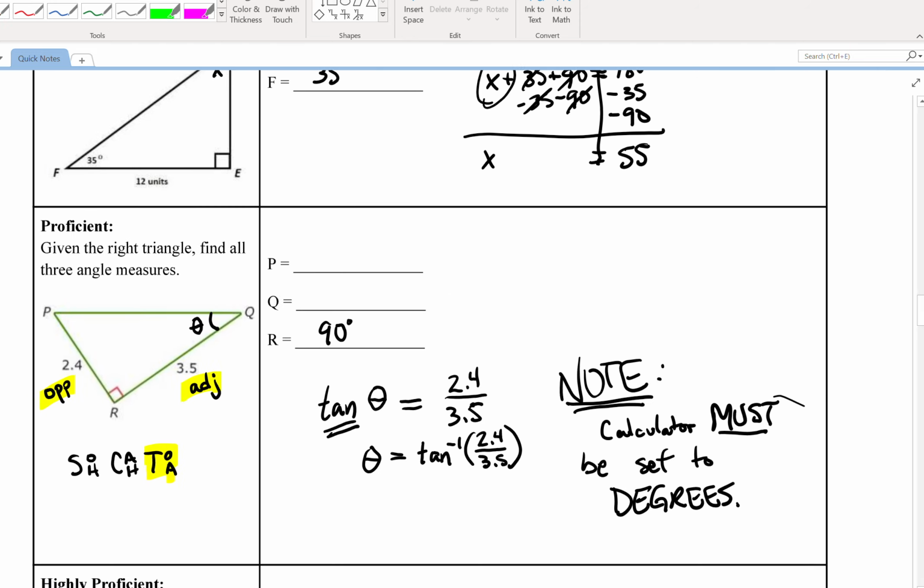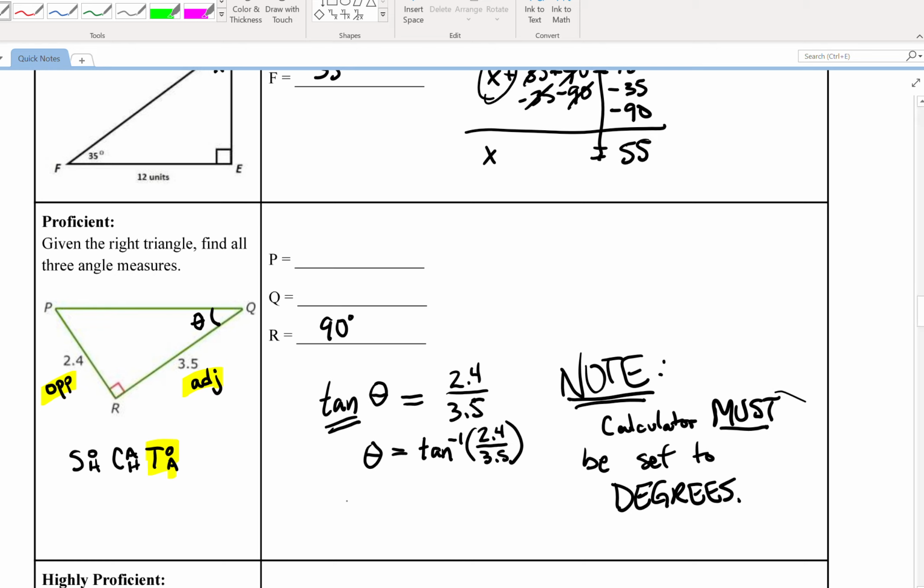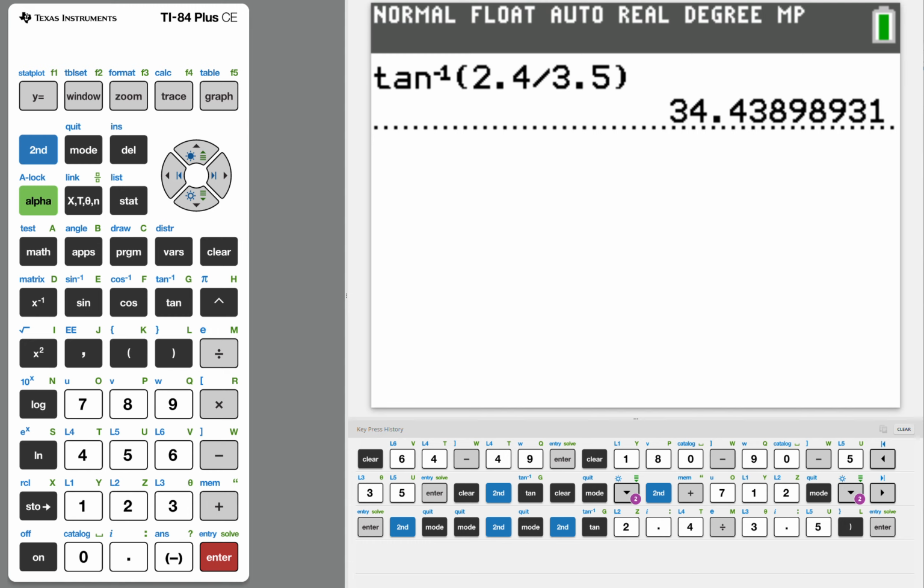So remember that this is theta. It is approximately equal to, in the hundredths place, I got 34.43, but the 8 next to it is going to round it up to 4.